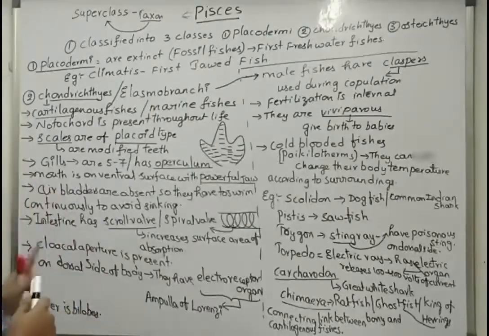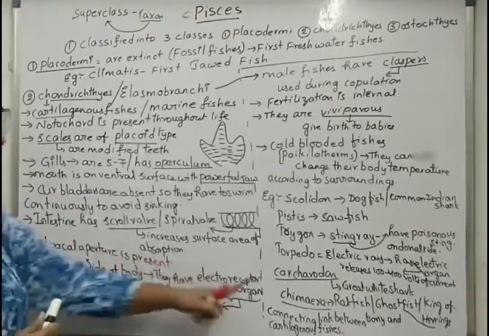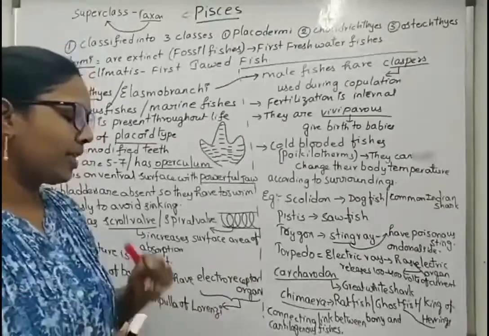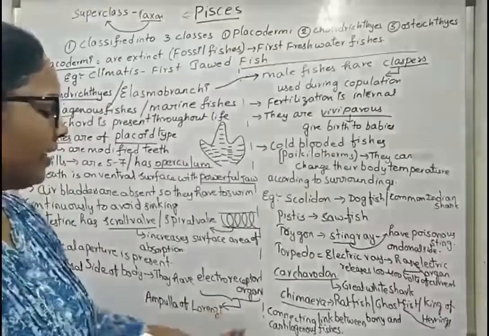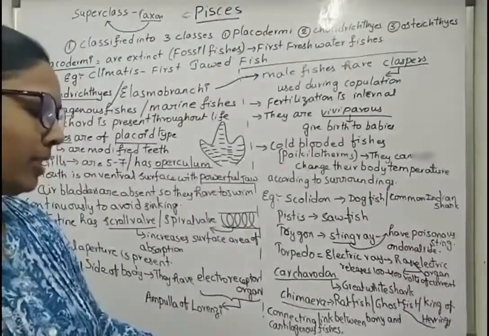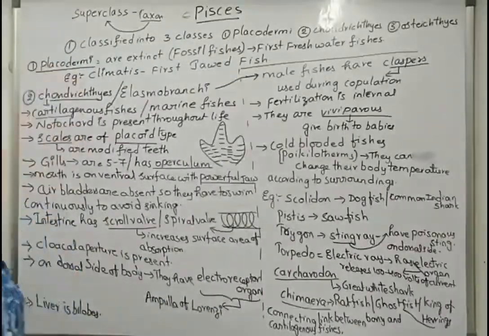Here we have seen there is a cloacal aperture, but in Chimaera it is absent. That can be considered one of the Osteichthyes characters. So we are saying it is a connecting link between Osteichthyes, that is bony fishes, and Chondrichthyes, cartilaginous fishes. These are a few important points regarding class Placodermi, which are extinct fossil fishes, and Chondrichthyes, nothing but cartilaginous fishes.